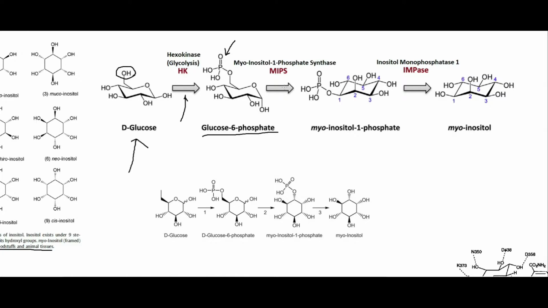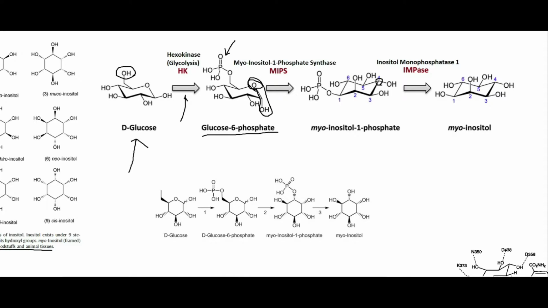Probably the more important thing that's happening is this oxygen in the backbone is going away. So this hemiacetal group here is being gotten rid of, I guess you could say. And so the oxygen is taken out of the backbone.